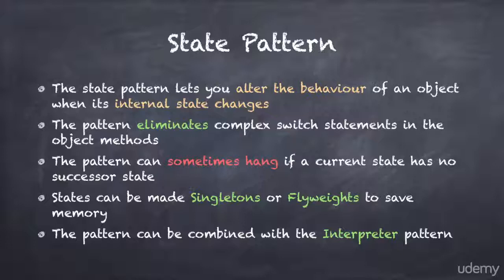The pattern can sometimes hang if a current state has no successor state. States can be made singletons or flyweights to save memory. The state pattern can be combined with the interpreter pattern.